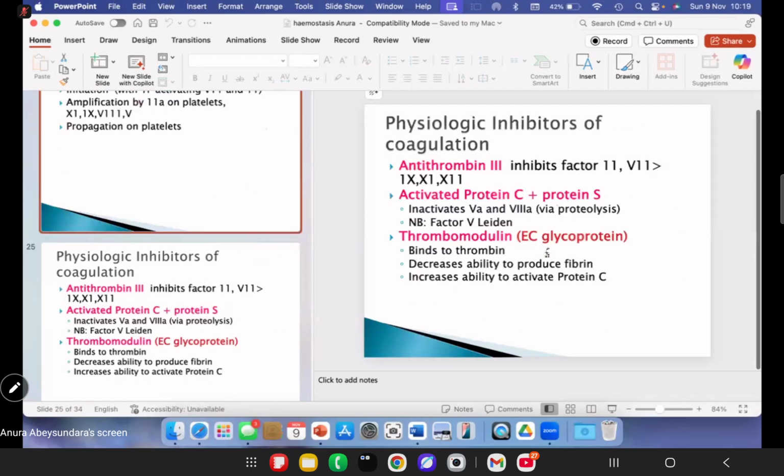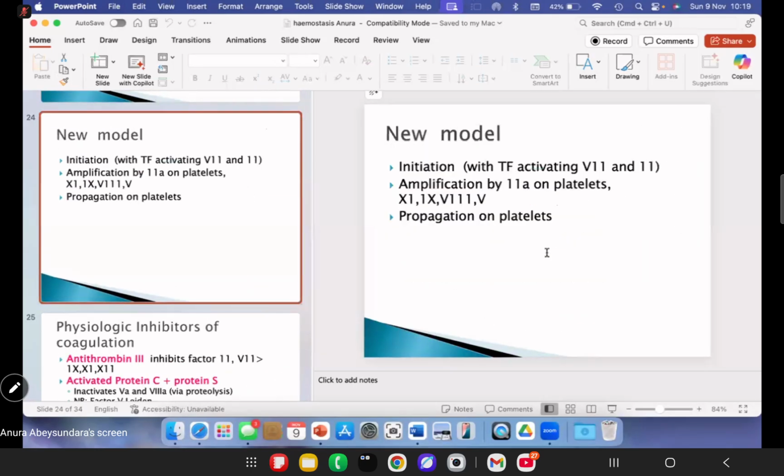And basically you need to know the classical pathway, you should be able to draw and describe it, right? And the cell-based model you should be able to describe. Okay, so those are the important things. And apart from that, diseases like von Willebrand's disease, what happens, and then hemophilia A and B, what happens, that is factor 8 and 9 diseases.